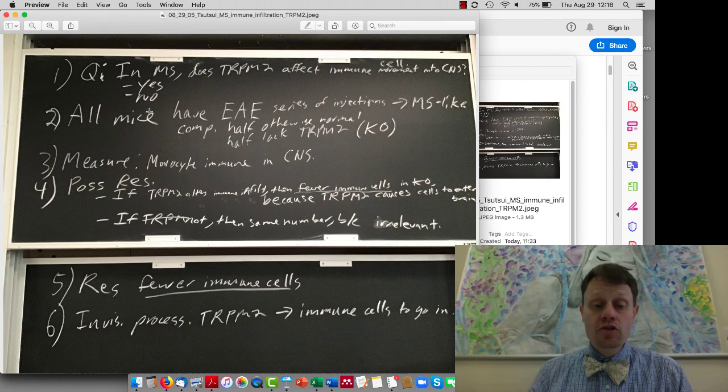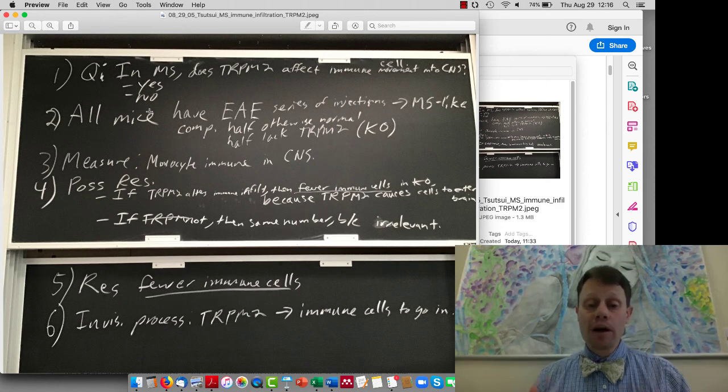What they're then measuring is how many immune cells are finding their way into the central nervous system. In terms of their possible results, if this channel is altering immune infiltration, then they would expect that when you get rid of the channel, there are going to be fewer immune cells. That's the observation. That's actually what they're going to see in these knockout mice.